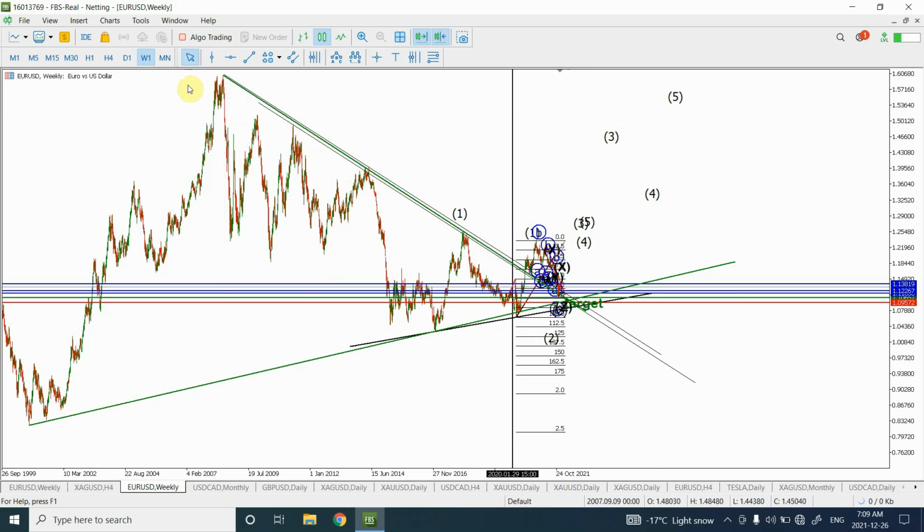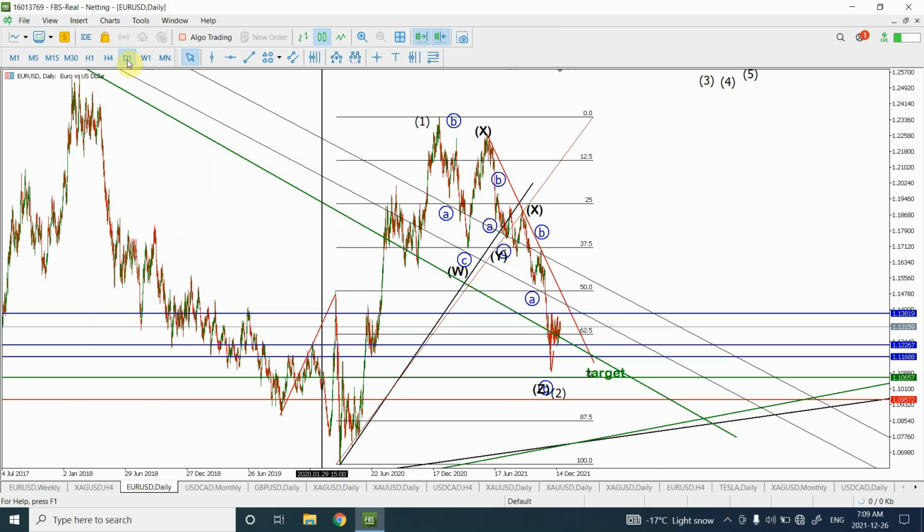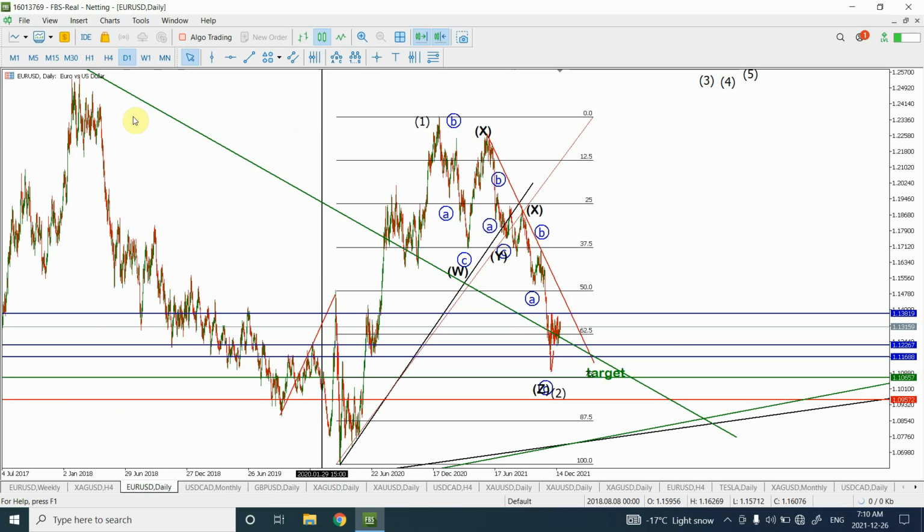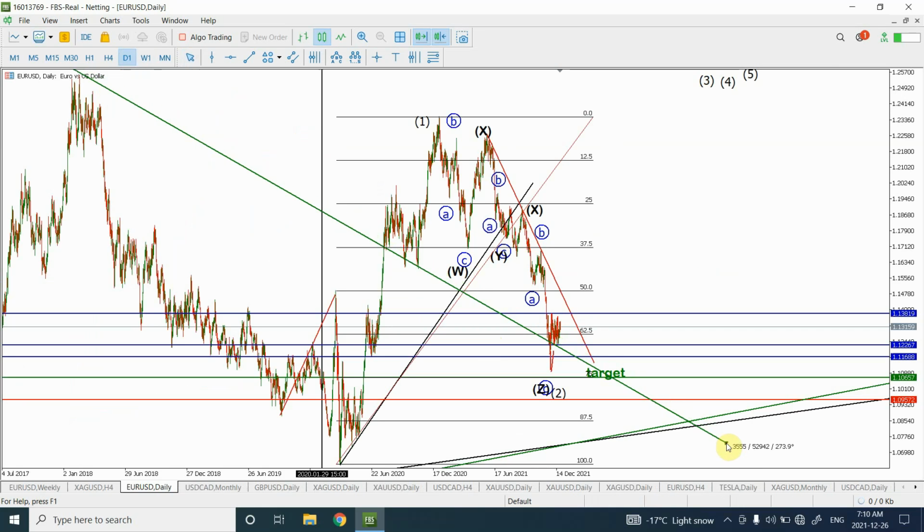All is very good. Let's come back to the daily time frame and see where exactly we are right now. This trend channel gets skewed when you zoom in, so I'm going to delete that, but we'll keep an eye on the trend line. This is the trend line that's coming. We can bring it a little closer to this top.